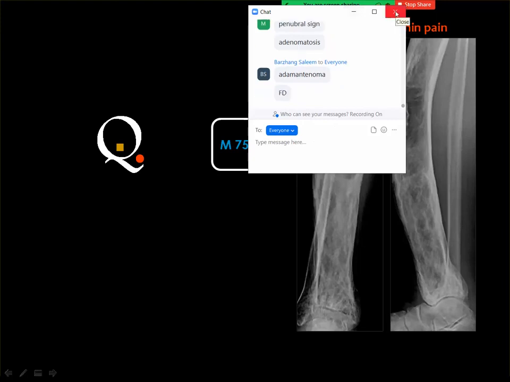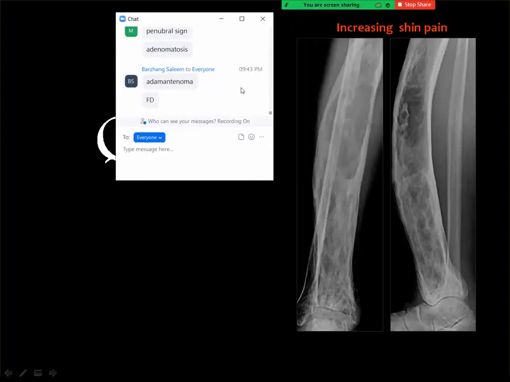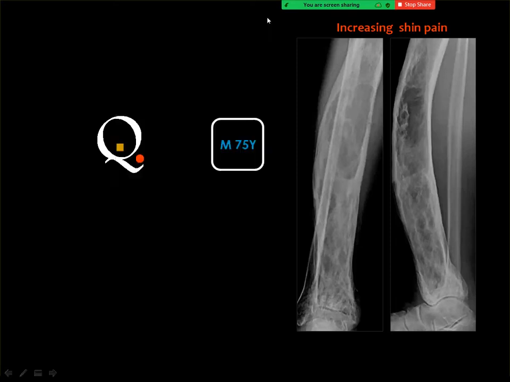One of them is adamantinoma, and the second one, not the fibrous dysplasia, of course. But what do you think? Yes, the disease which causes significant enlargement of the bone, and this is Paget disease of the tibia.